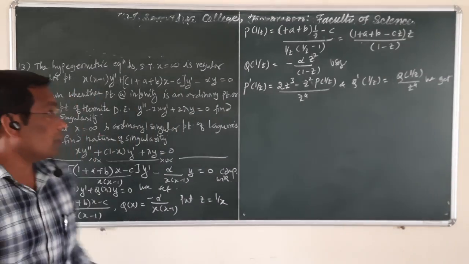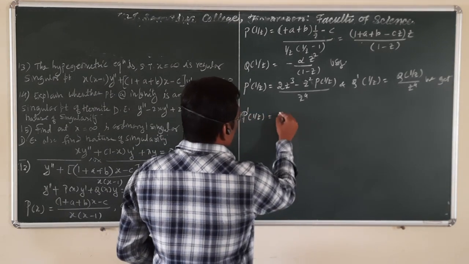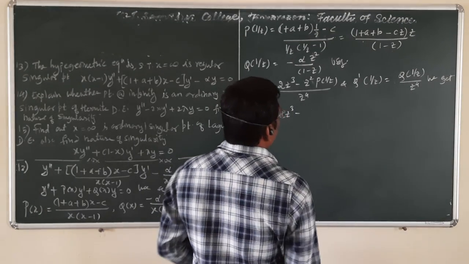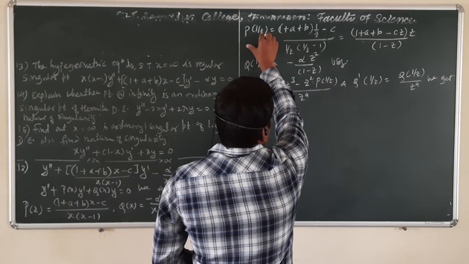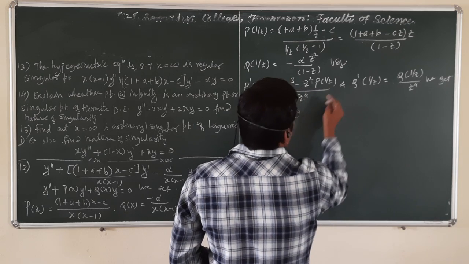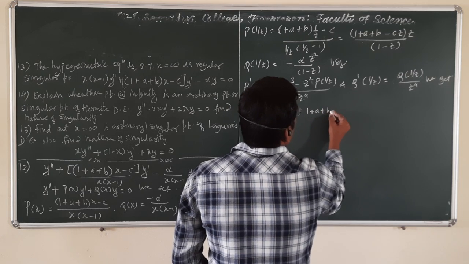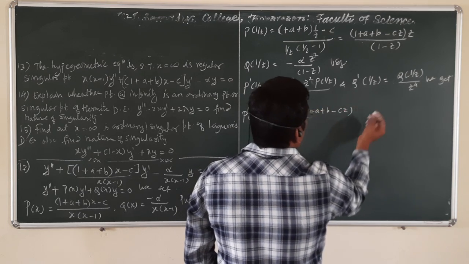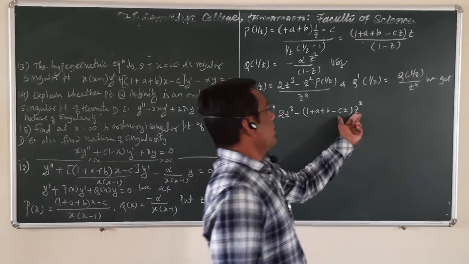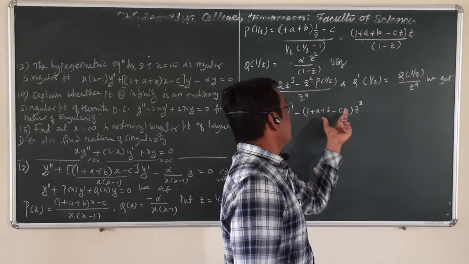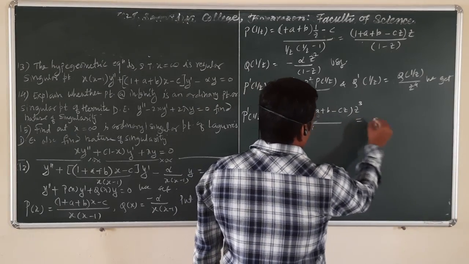See, first of all, p dash of 1 upon z as 2z cube minus z square multiplied by p of 1 upon z, which is this. If you multiply this by z square, we get (1 plus a plus b minus c into z) multiplied by z cube, divided by z raised to 4.